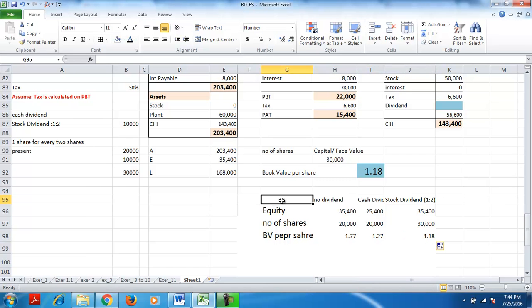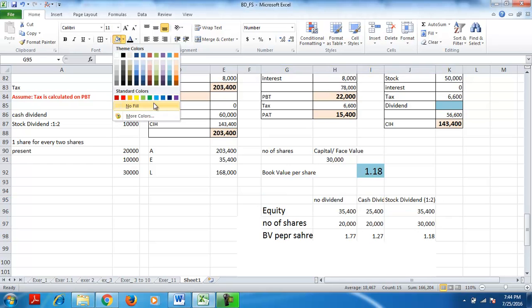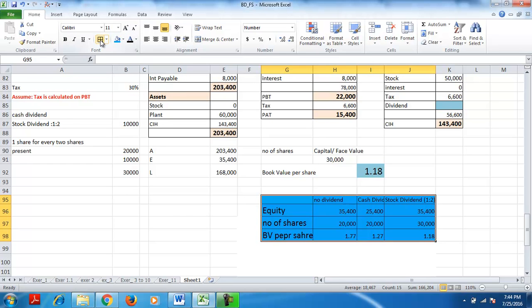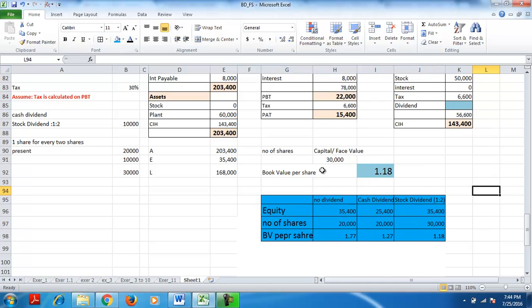We can summarize that whenever a company declares dividend, the book value per share falls. If it is cash dividend, the fall is due to the fall in equity, with no change in the number of shares. If it is stock dividend, the fall is due to the increase in the number of shares, with no change in the equity.